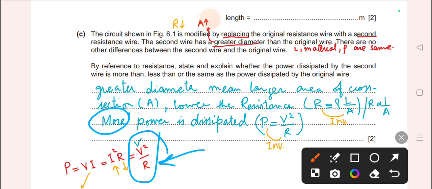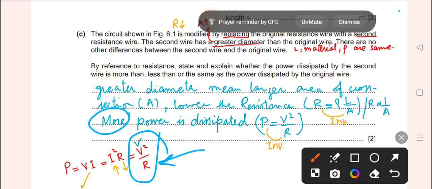The current will change when the resistance changes. So we know the resistance is changed and the voltage is fixed, so we only know voltage and resistance. That is why we use this formula, right?